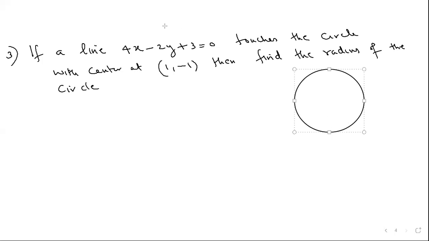Here is a circle. Here is a line touching it. And here is the center of the circle. And this is 4x minus 2y plus 3 equal to 0.